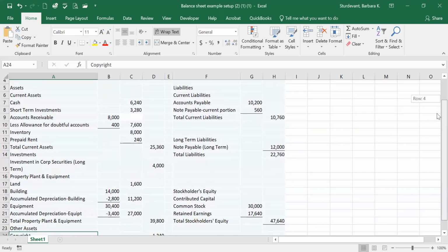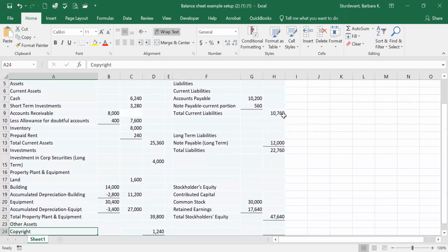So on the liability side, you're going to have a total for your current, total for your long-term, and a total. You're going to see that if you have assets in every category, you're going to have 5 numbers in the right-hand column on the asset side.